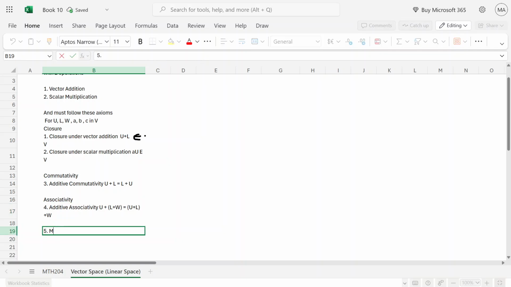The fifth one is multiplication of scalar. Number 5, associativity of scalar multiplication.